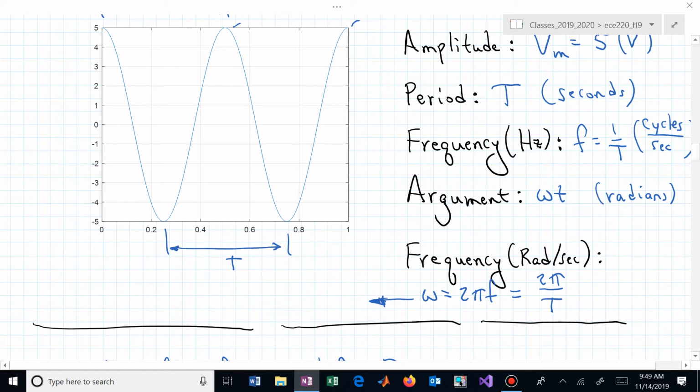Now if we solve that for the period, we can say the period is 2 pi over omega. So you can go one way or the other depending on what you're given. And 2 pi is in radians, omega is in radians per second, the period T is in seconds. All of that should be consistent.